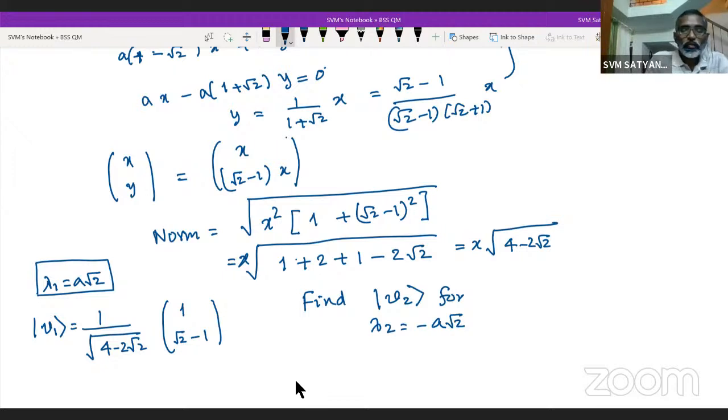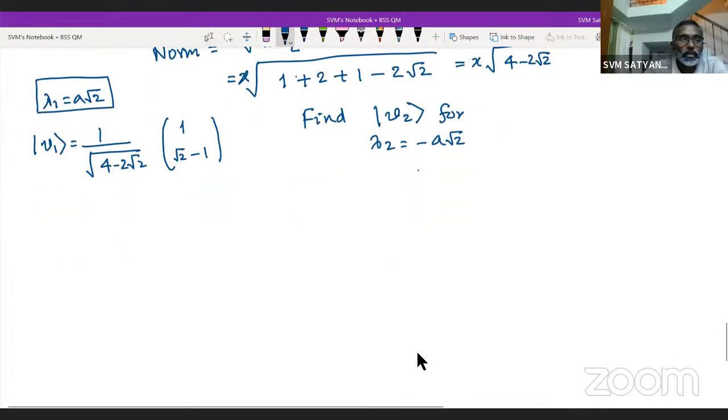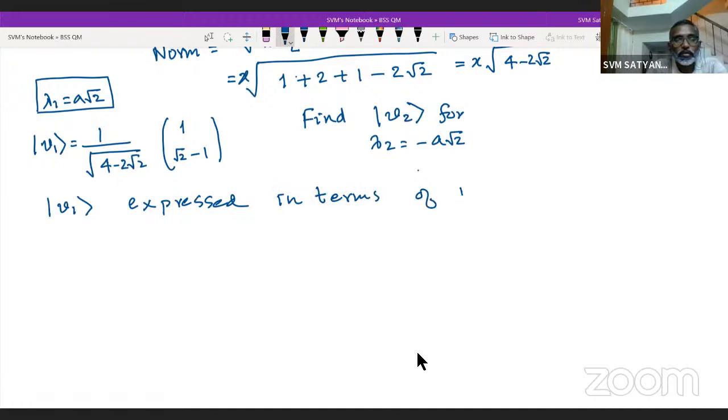Okay, so now what this means is that V1, expressed in terms of |1> and |2>, is like this.